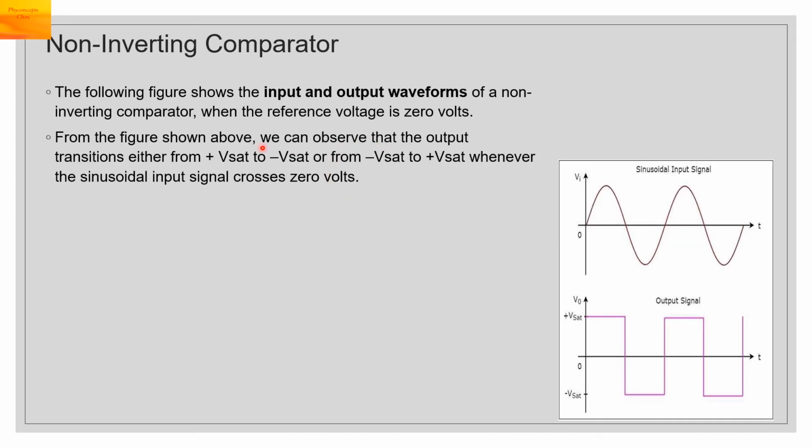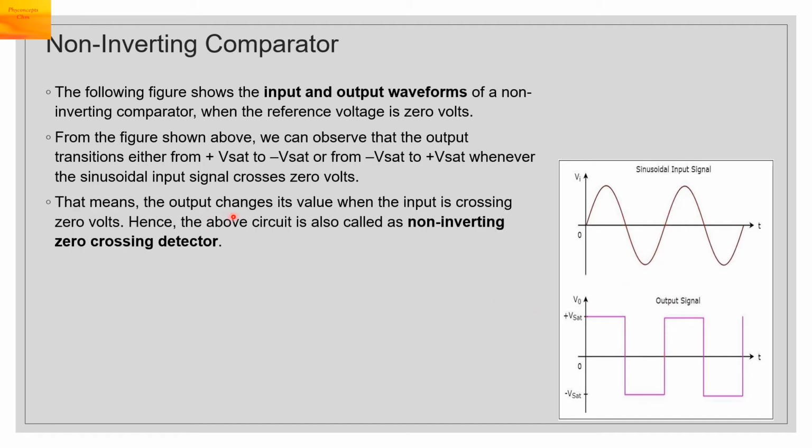So we can observe that the output transitions either from plus Vsat to minus Vsat, or from minus Vsat to plus Vsat, whenever this sine wave crosses the 0 volt. At 0 volts the transition is occurring. So the output changes its value when the input is crossing the 0 volts. Hence this circuit is also called a non-inverting zero crossing detector.